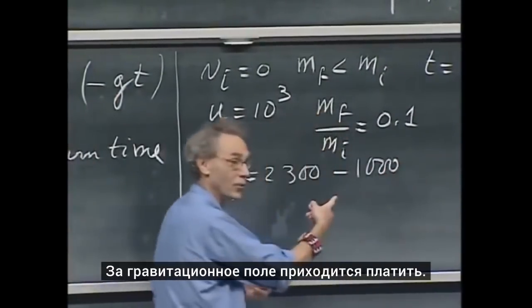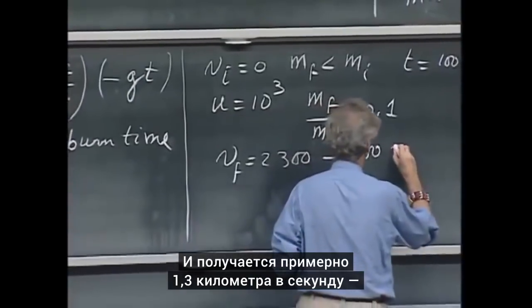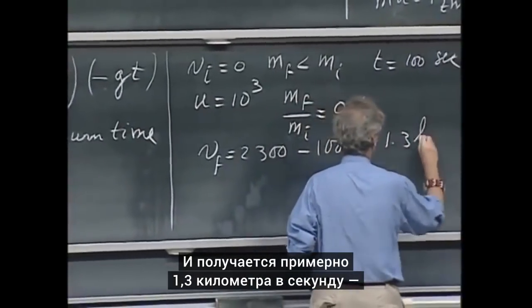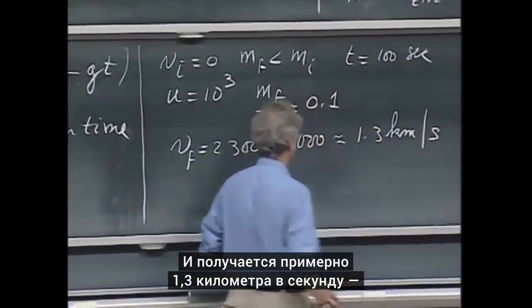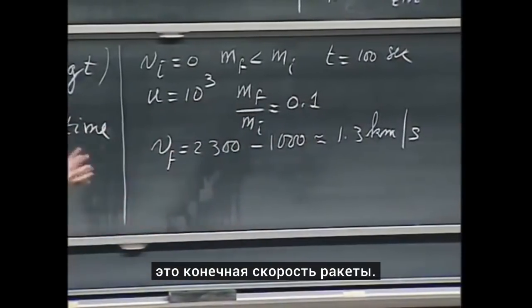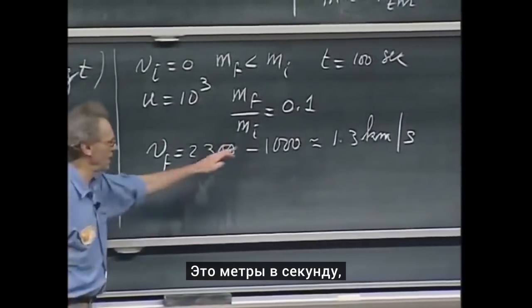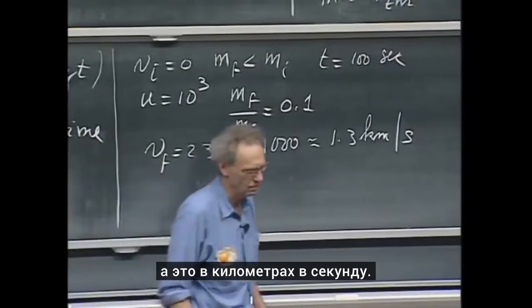So you pay a price for the gravitational field, and so you have about 1.3 kilometers per second as the final speed of that rocket. These are meters per second, and that is in kilometers per second.